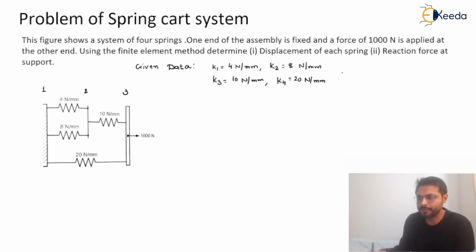From the data given, the force applied is at node number 3. That's why P3 is equal to 1000 Newton. So these things are given. What do we need to find out?